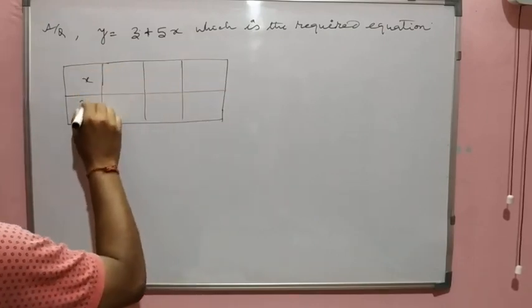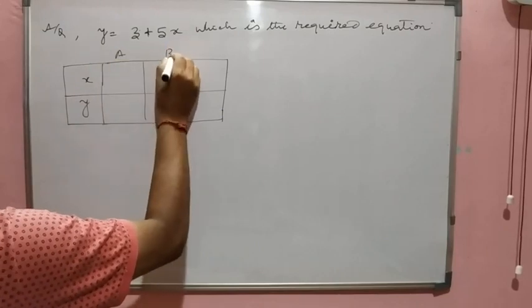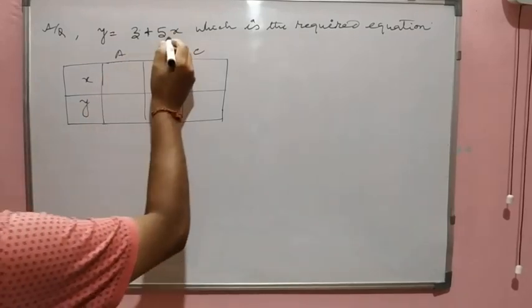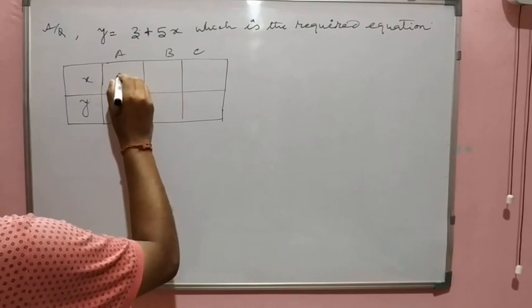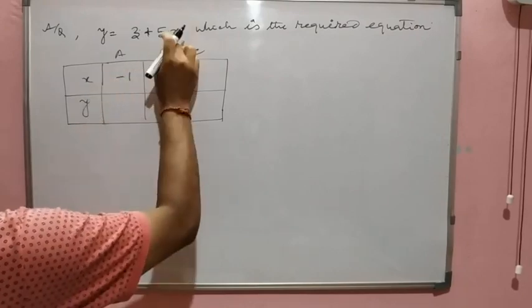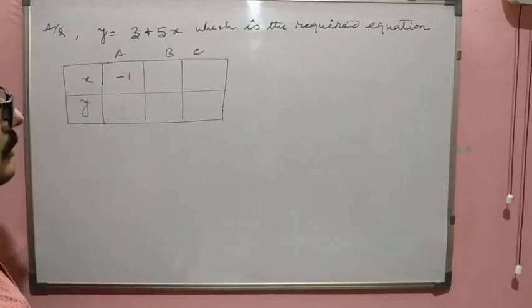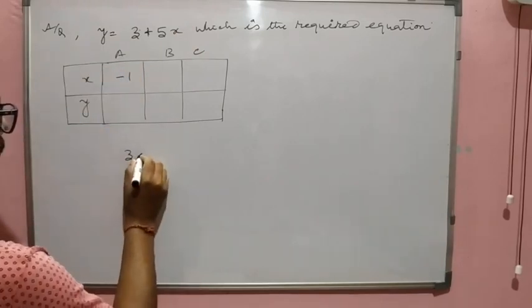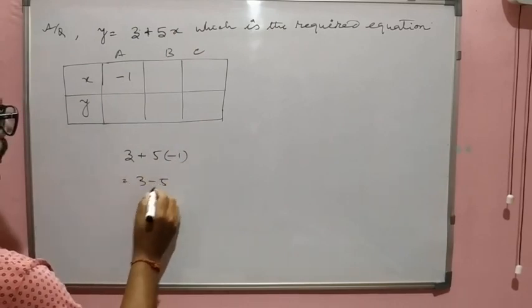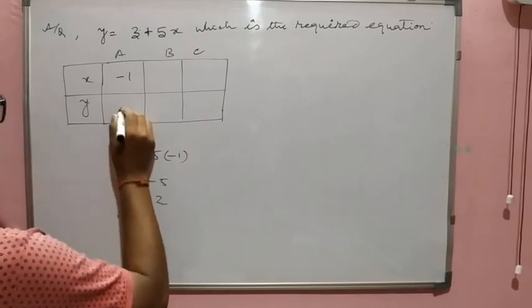X, Y, A, B, C. Now see A, B, C. If I put a value of x equal to, suppose, -1, what will this be? 3 into 5 minus 1, so it will be 3 minus 5 equal to -2.